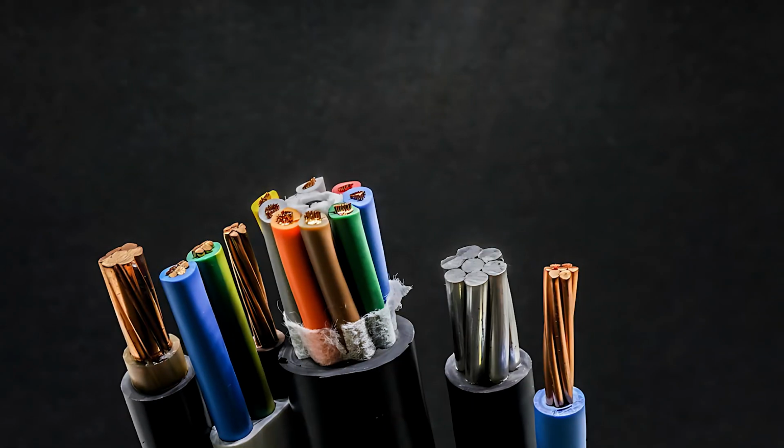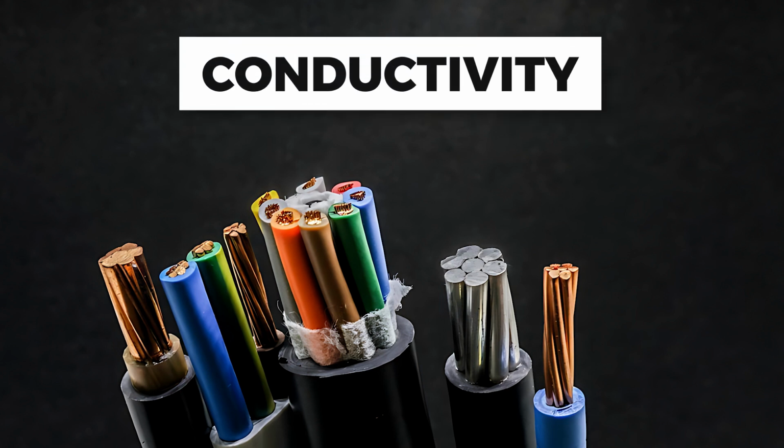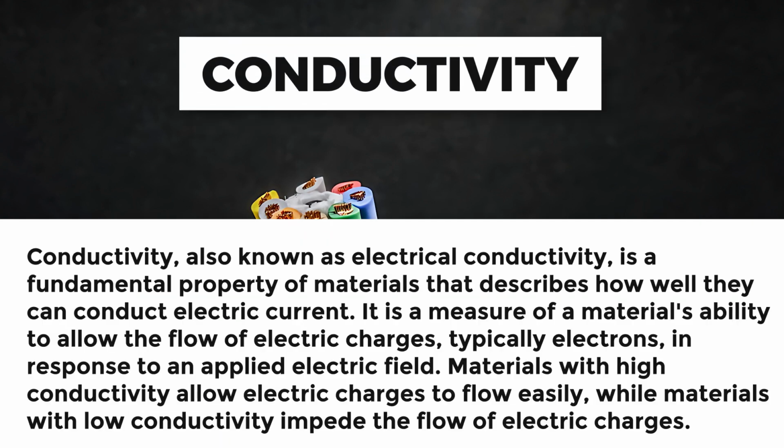Now, second one is conductivity. Conductivity, also known as electric conductivity, is a fundamental property of a material that describes how well it can conduct electric current. It is a measure of the material's ability to allow the flow of electric charges, typically electrons, in response to an applied electric field.